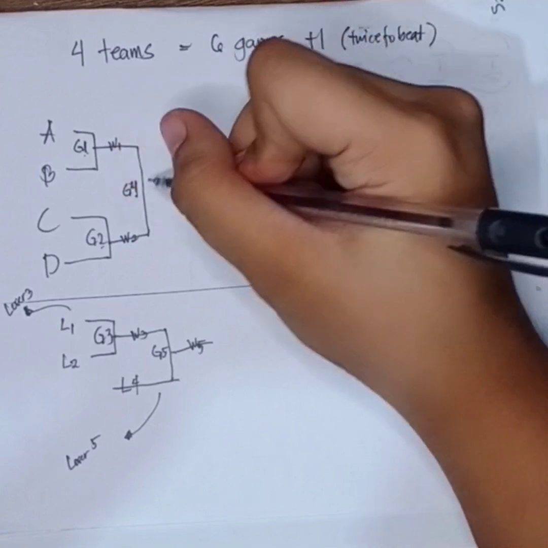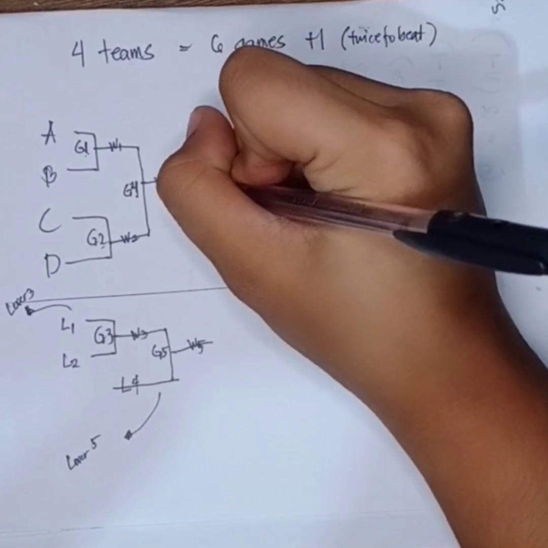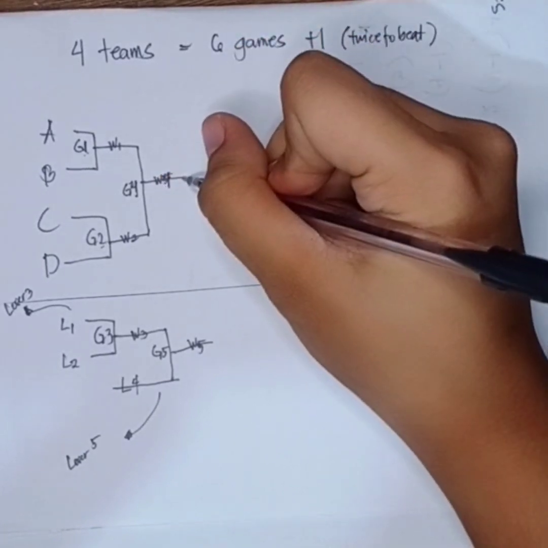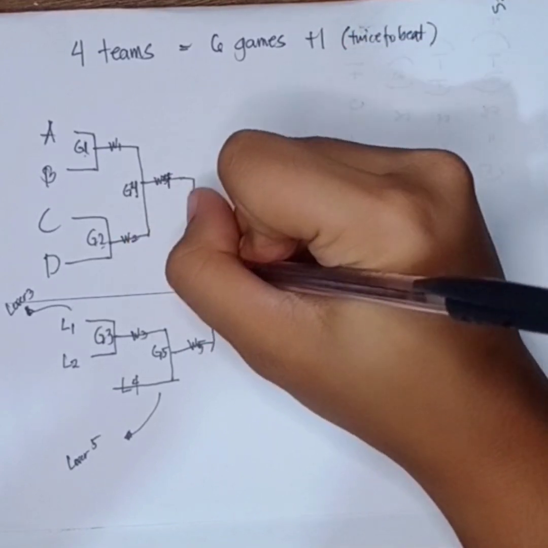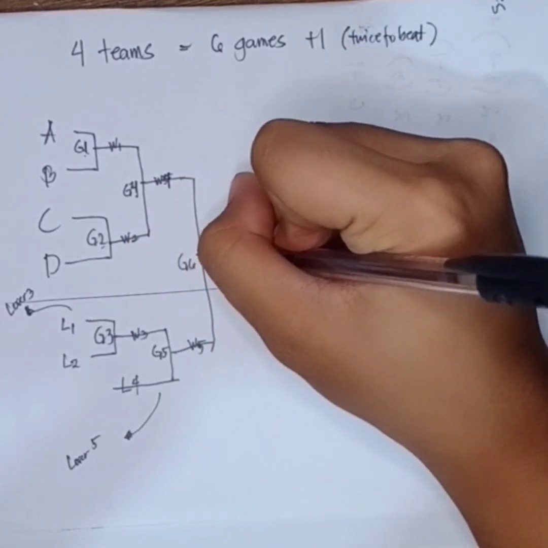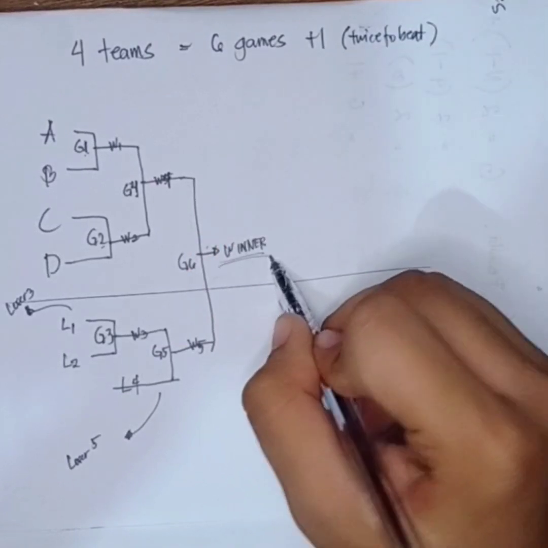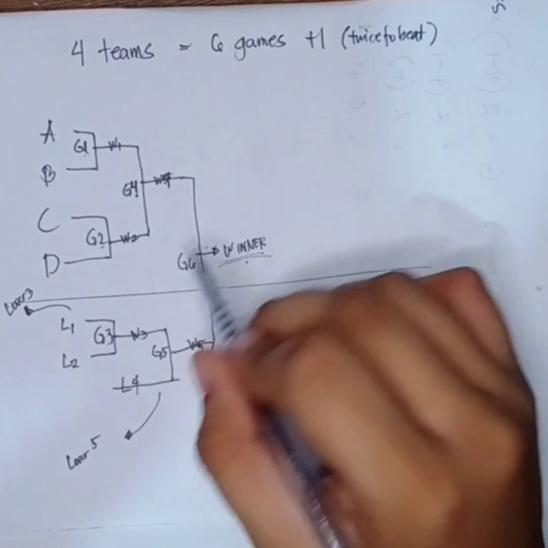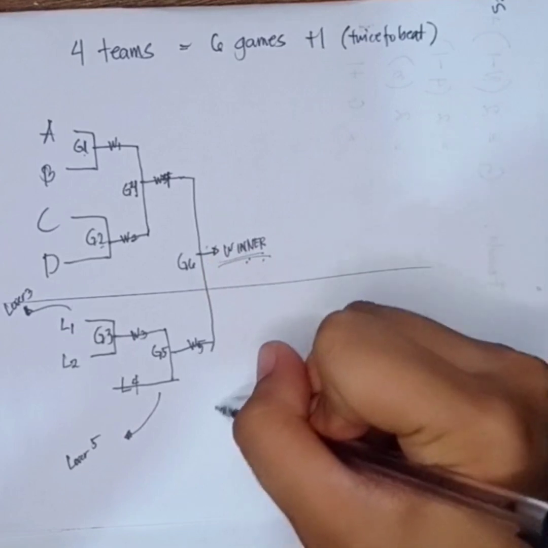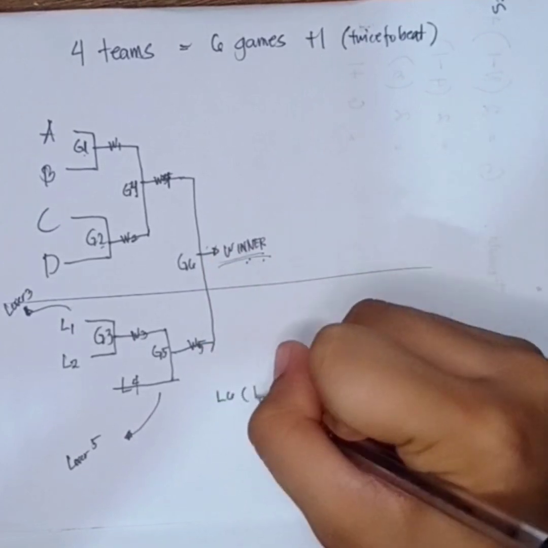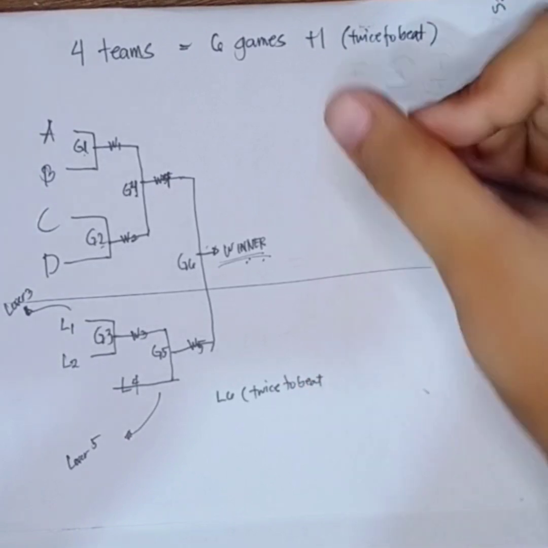So the winner 4, we have to write here winner 4, and that will be matched to winner number 5, and that is game 6. So we have 6 games and we have a winner. But if the winner of that game already lost once, but the other team doesn't lose, it means they have to be beaten twice.